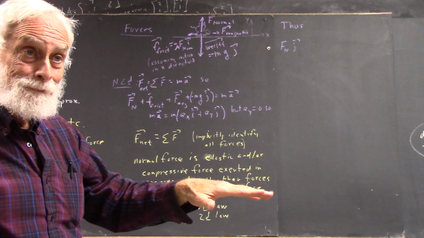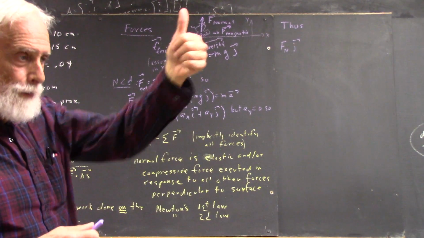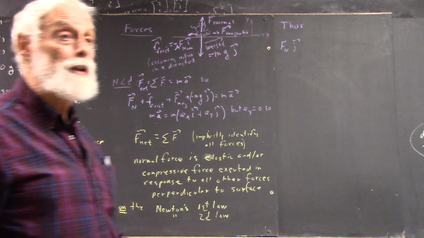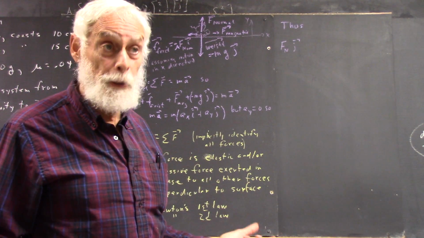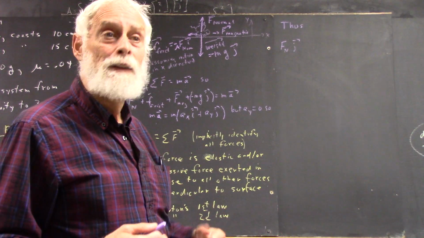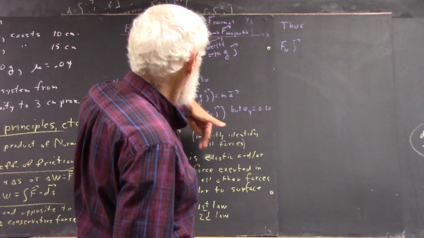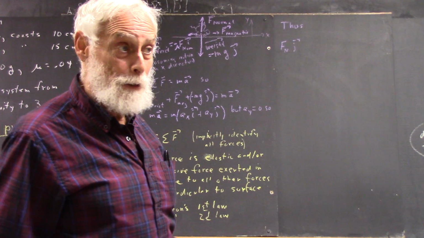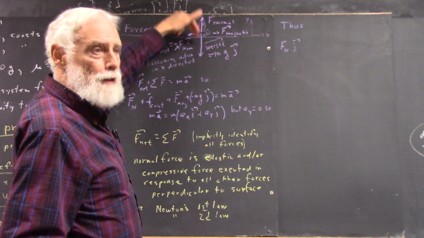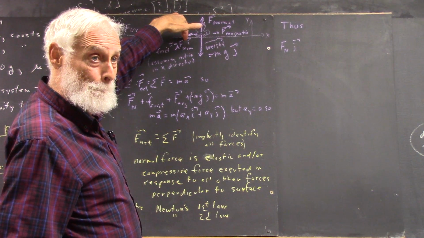Surface is level, surface is in the x direction, perpendicular to that is the y direction, and it is in this direction because it's a response to this, right? Notice I don't say reaction. This is not an action-reaction pair. In an action-reaction pair, the source of the force is the same for both forces, okay? Well, one of these forces is gravitational, the other is not, okay? So it's not an action-reaction pair, but it's still a response to the compression and bending of the surface, okay?